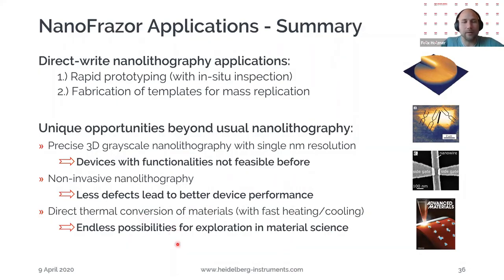I didn't talk about that much today, but next week there's a talk about a very exciting example by Eduardo Albisetti. He will talk about how he used the heated tip to make magnonic structures directly. That's very exciting, and in my opinion, there are endless possibilities. This has just started, so you can explore many things in material science and convert materials here. So that's a whole different aspect I didn't touch on today.